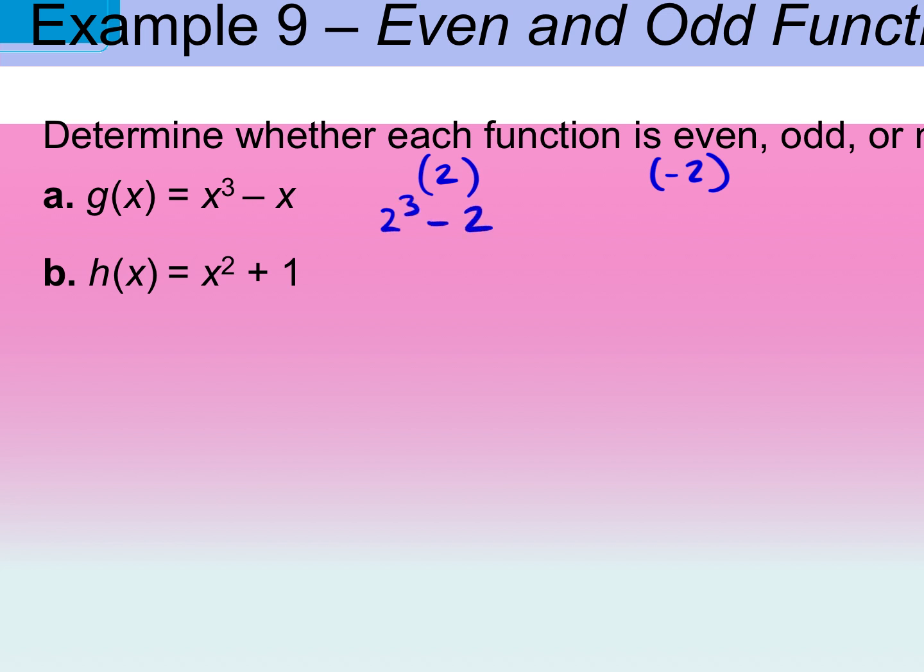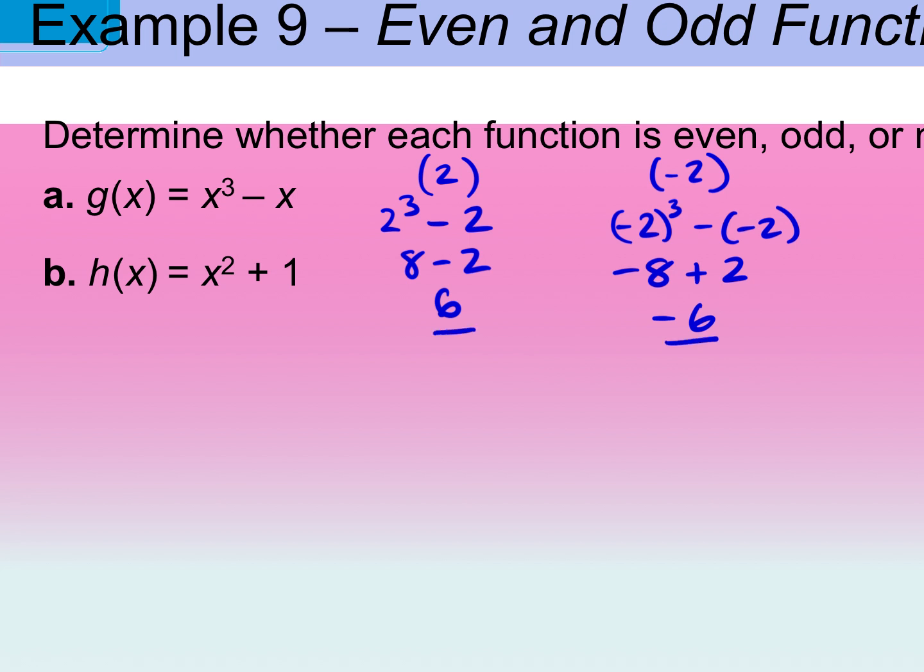What's 2 cubed? 8 minus 2 would be 6. When we plug in negative 2, we have negative 2 cubed minus negative 2. What's negative 2 cubed? Negative 8 minus negative 2 would be plus 2, which would be negative 6.